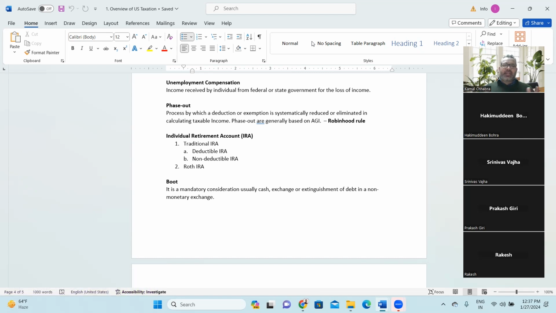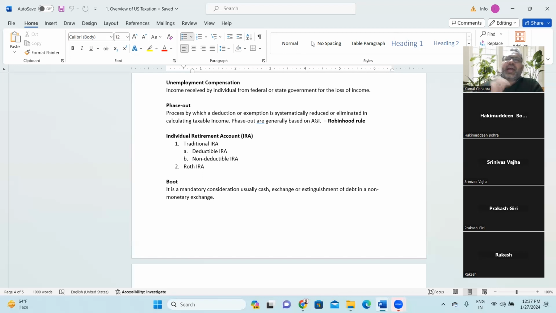This will be phased out over the period of income. We'll be discussing that for all itemized deductions as well as for the tax credit. It will get phased out slowly and gradually as your income gets more and more.